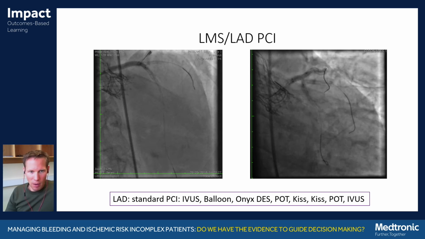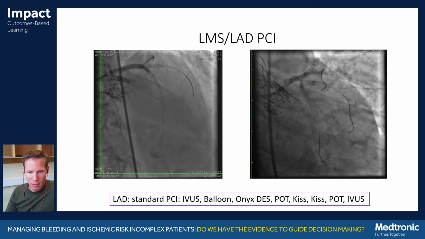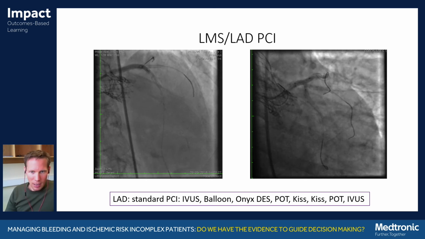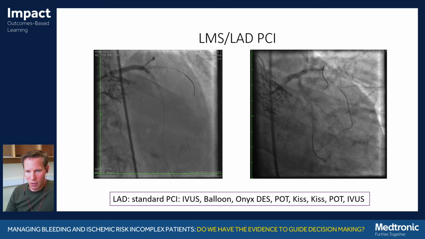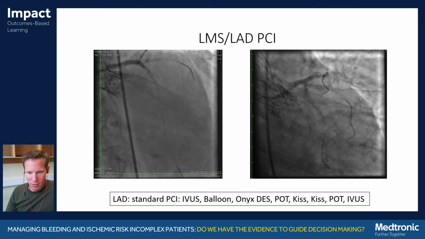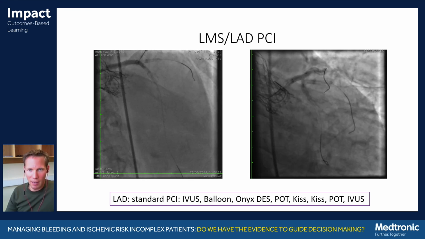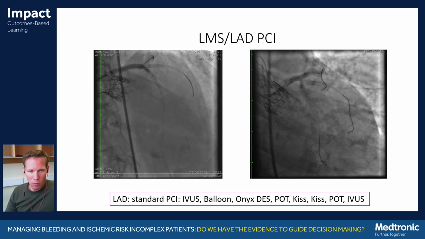We stented from the previously placed LAD stent to the ostium of the left main, POT, a kiss between the ramus intermedius and the circumflex, a kiss between the LAD and the ramus intermedius, a final POT and a final IVUS to ensure that the result was optimal.